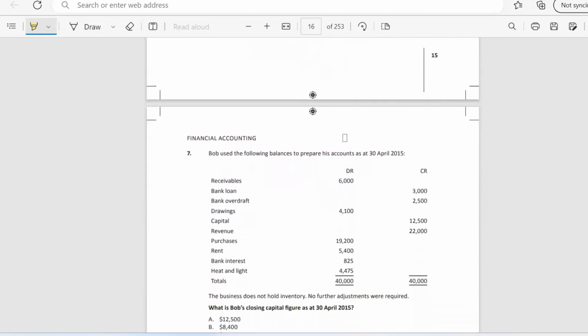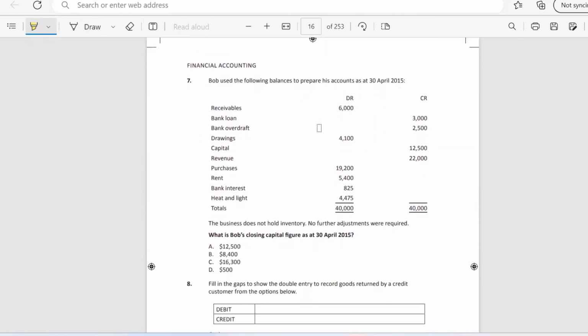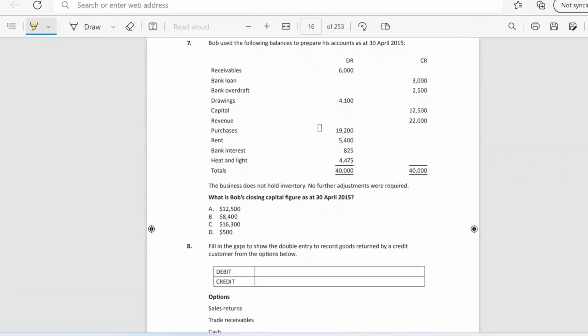Next question. Bob used the following balances to prepare his accounts as at 30th April 2015. The business does not hold inventory, no further adjustments were required. What is Bob's closing capital figure as at 30th April 2015? So let's prepare Bob's profit and loss statement from these numbers.